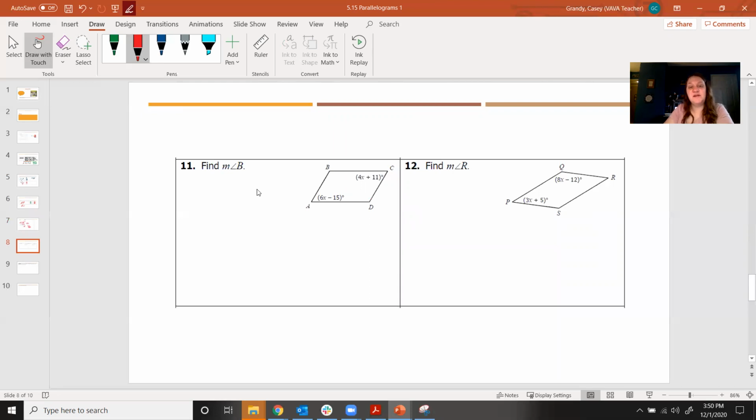In number 11 here, in my parallelogram, I have opposite angles labeled. And we know that a property of a parallelogram says that the opposite angles are congruent. So I can say that angle A is congruent to angle C. Or in other words, their measures are equal. And we'll solve for x.